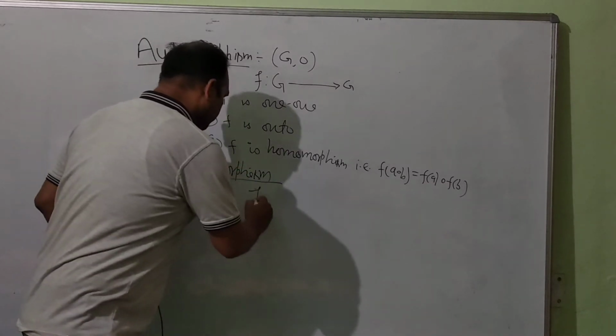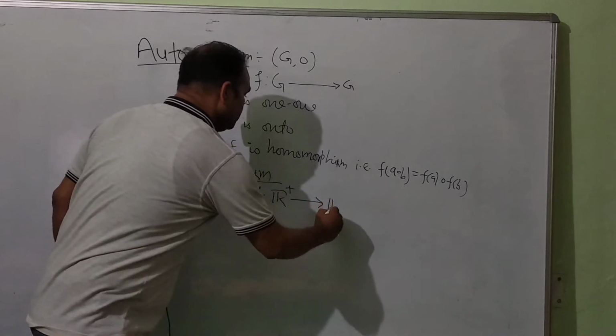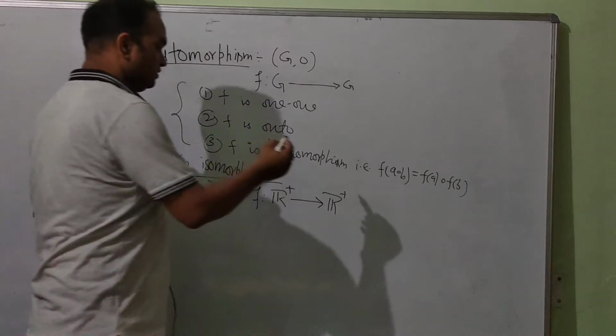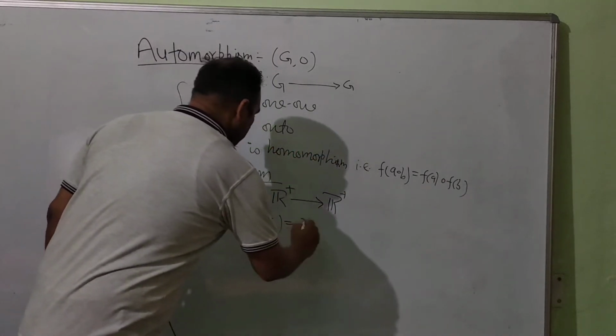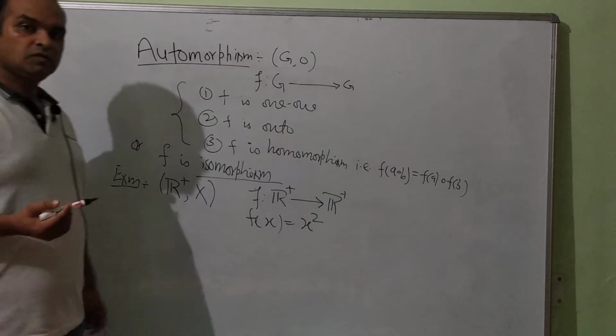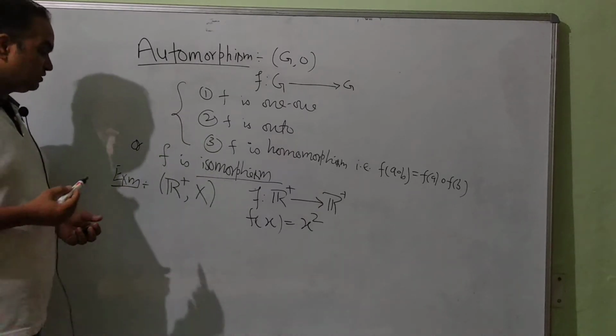If we take a function from R positive to R positive such that f of x is equal to x square, then this function f is an automorphism on this group.